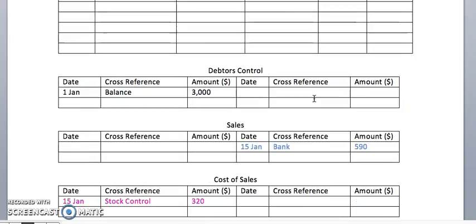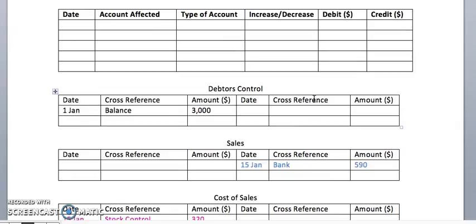Okay, so we're going to do another transaction. This transaction is going to be on the, so I'm going to write the date in, 16th of Jan. Now, again, instead of thinking about the bank, because we are not increasing the amount of money that we've got, we need to increase our debtors control.